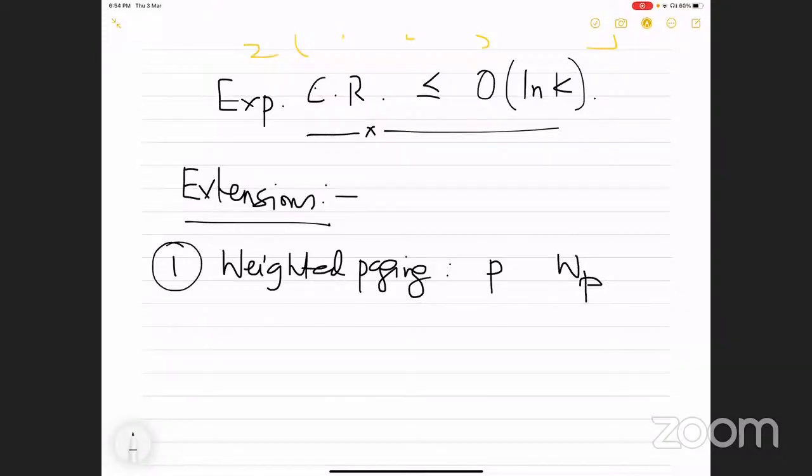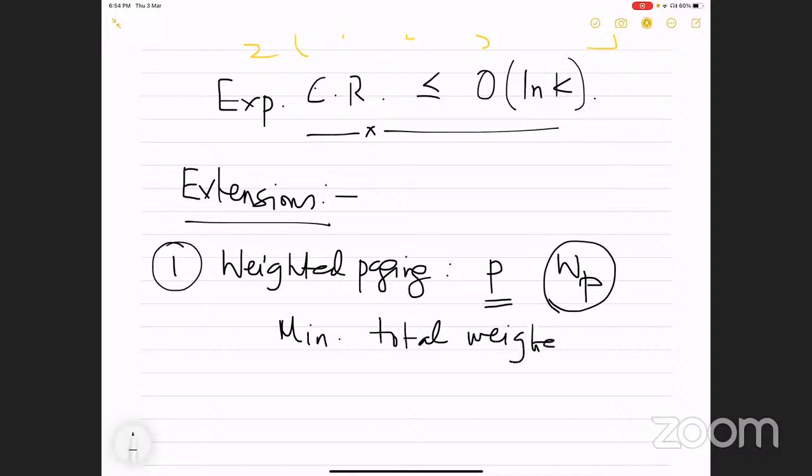Think of WP as maybe the size of the page or how important this page P is. When a cache miss occurs, you don't just count the number of cache misses; if a page P is evicted, you count WP for that. So you want to minimize the total weighted cache miss.